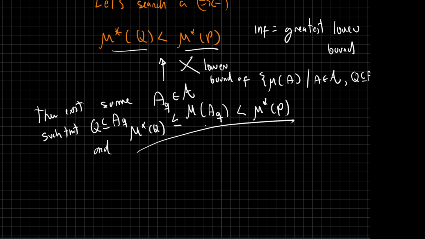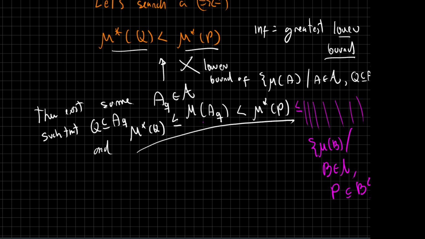All right, so given that this is smaller than the greatest lower bound, so if this is a lower bound, then every value of this set such that P is a subset of V should be around here, right?